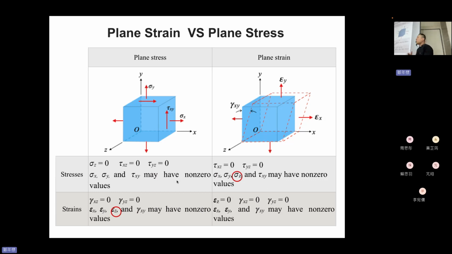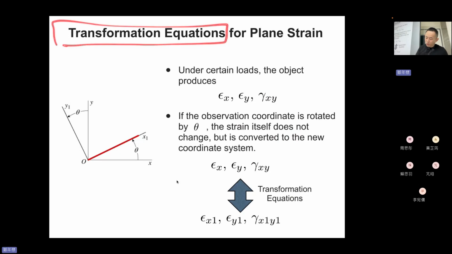Right. So when we talk about plane strain, now I believe you know what we are going to do. We are going to look at the strain components at different angles in the plane, on an inclined section, which are called transformation equations for plane strain. We did the transformation equations for plane stress in the previous section, right?